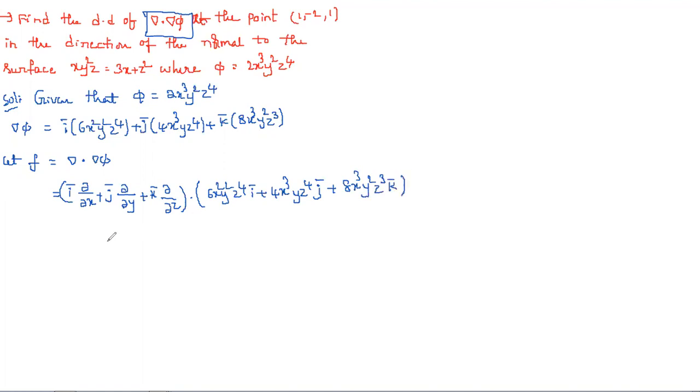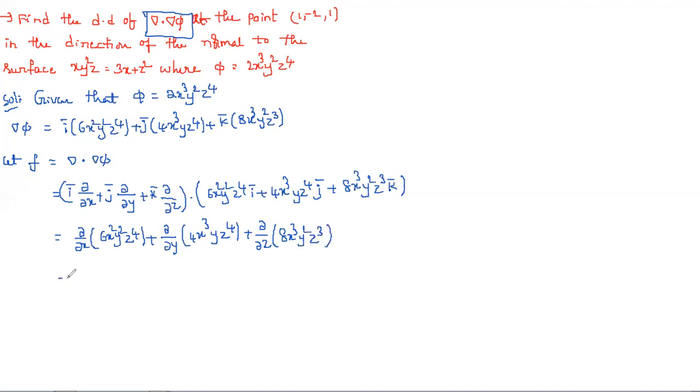Now we need to apply the dot product between these two vectors. So i dot i is equal to 1. It means dou by dou x of 6x square y square z power 4, plus dou by dou y of the j coefficient 4x cube y z power 4, and next the k coefficient term, dou by dou z of 8x cube y square z cube.